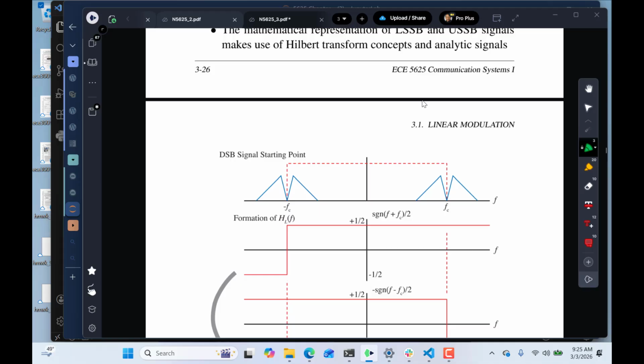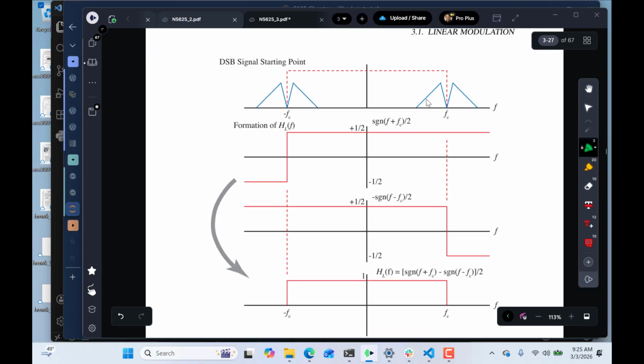So how this can be done, though, is you can start, and this was just a picture that I created to kind of explain in my mind the math that's on the next page. But I'm not really going to go through the math.